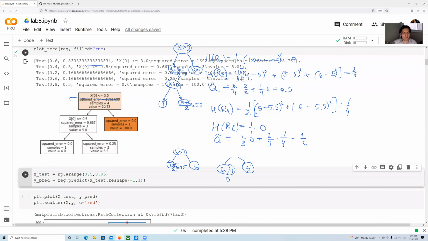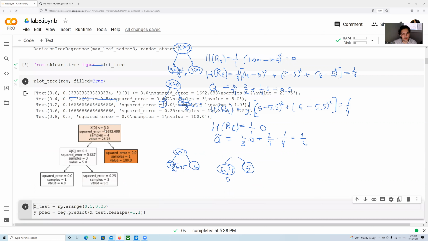So splitting goes along 3, and it split our data into 2 nodes.